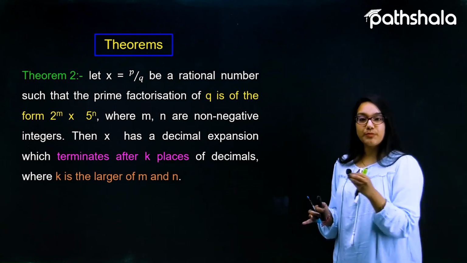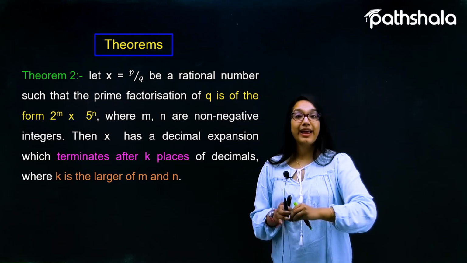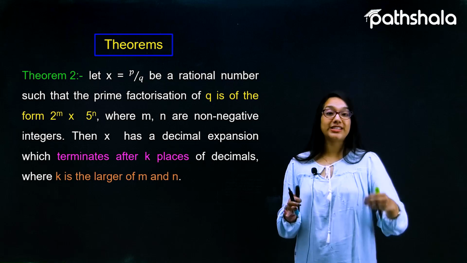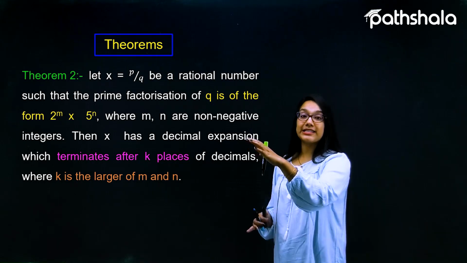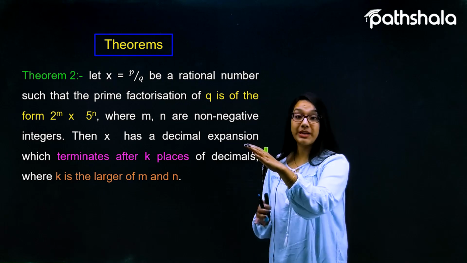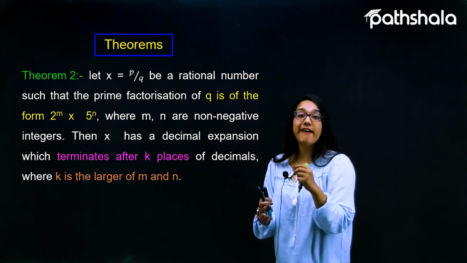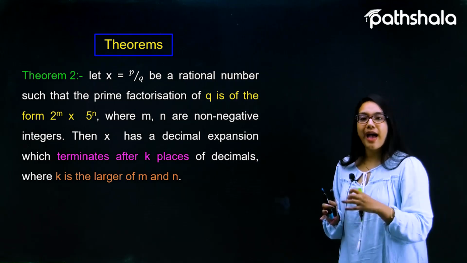So from this theorem we can conclude after how many places of decimals a number will terminate. What is the value of k here? k is the larger of m and n.